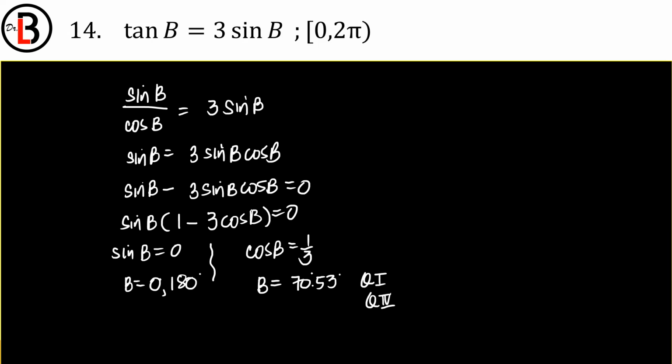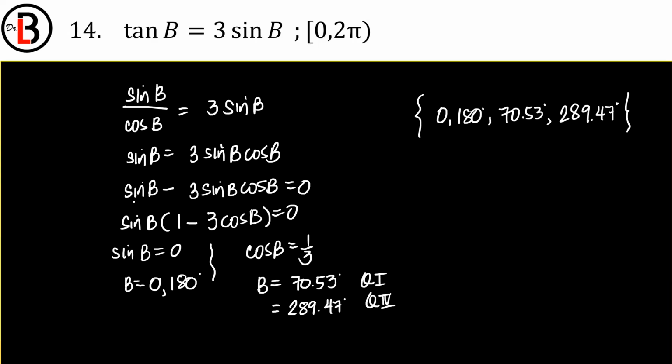What you do is you subtract 70.53 from 360. What is it equal to? 289.47 degrees. So that means your answers are 0, 180, 70.53, and 289.47 degrees. Those ones. That is within one revolution from 0 to 2 pi only.